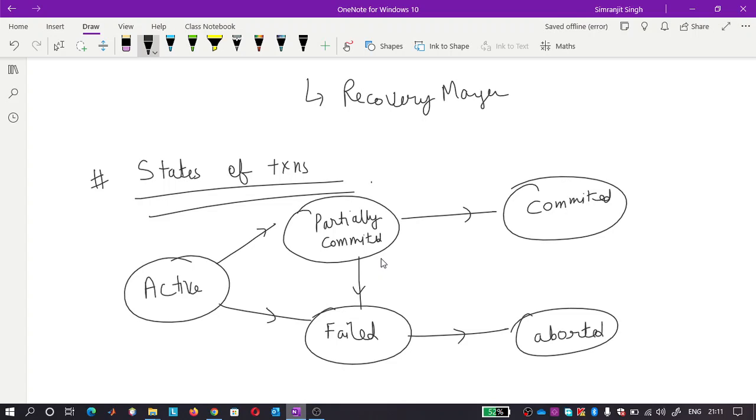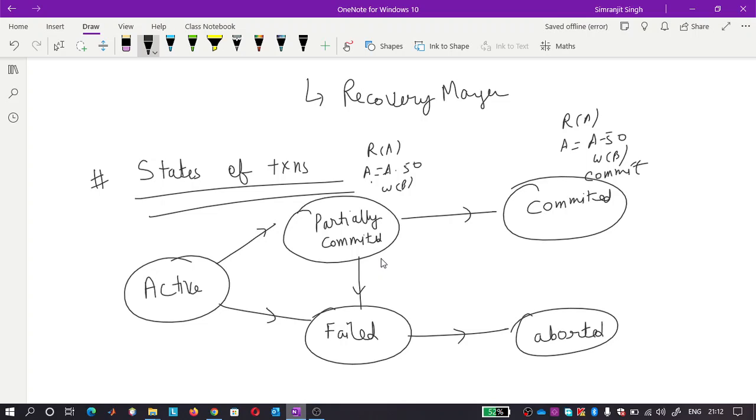Suppose you have read the value of A, deducted 50 rupees, and you have written the value of A, but you haven't put commit here. Here, you read the value of A, you deducted 50, you wrote the value of B, and you put the commit operation. When you write the commit operation, it means the changes will now persist.